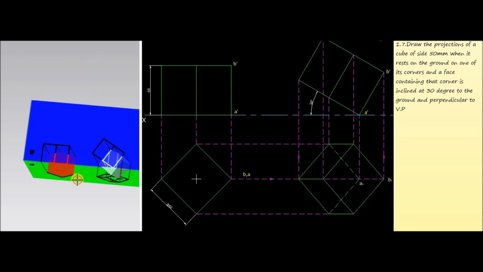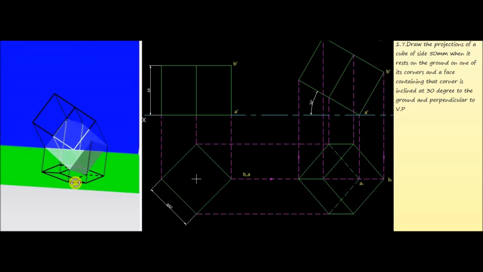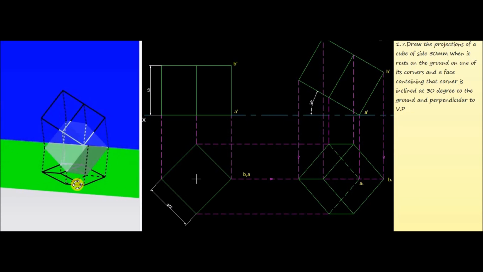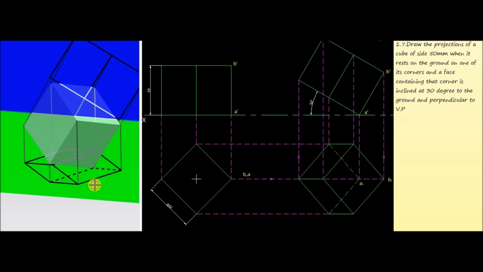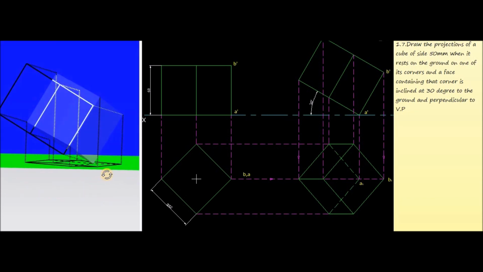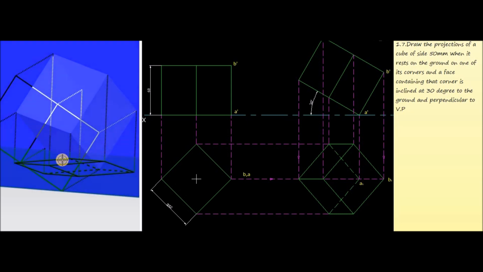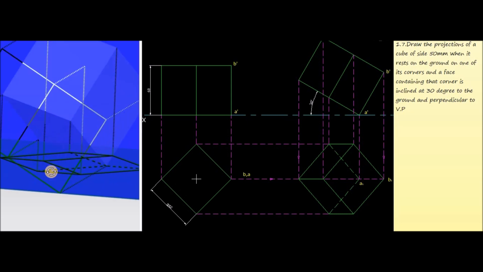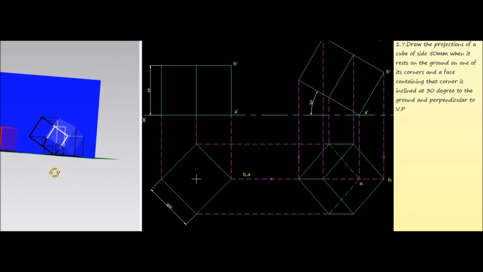Now we are going to tilt this cube with respect to the bottom corner A. So already we have tilted this cube at an angle of 30 degrees to the horizontal plane, and now you can see that this is the bottom face. That bottom face is perpendicular to the vertical plane.